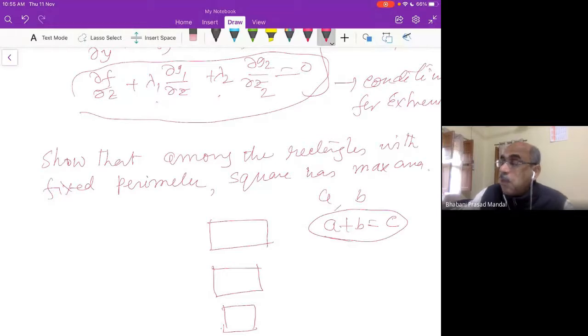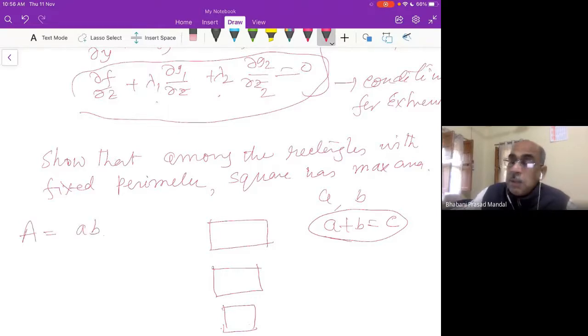A plus B is half of the perimeter, so the perimeter is 2C, constant. Now you have to prove that among such rectangles, I can have infinitely many rectangles, but the square will have maximum area. So the rectangle's area is AB.